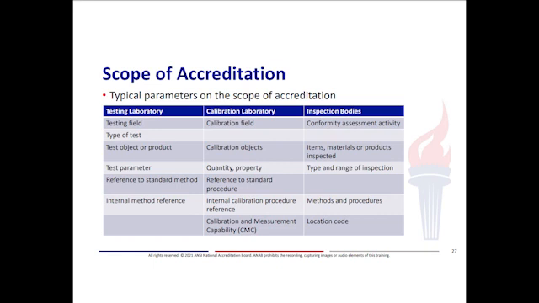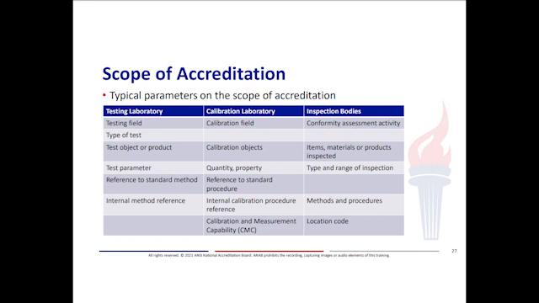A calibration laboratory is very similar, but in addition we're looking at the traceability of the calibration and the calibration and measurement capability, what we talked about before with the measurement uncertainty. To what level of precision or uncertainty can this item be calibrated or tested?